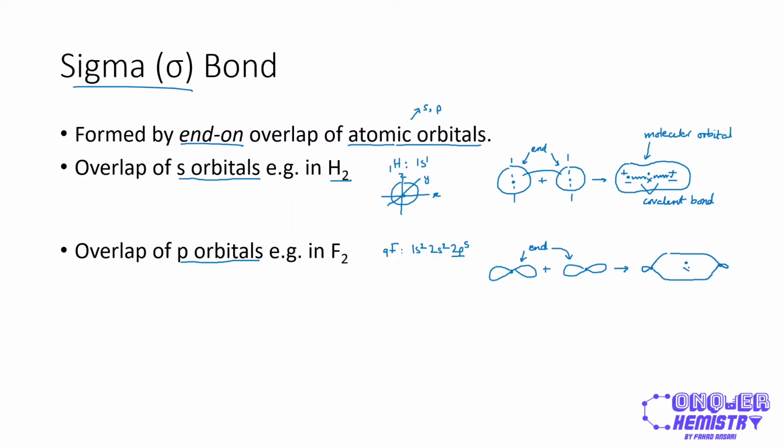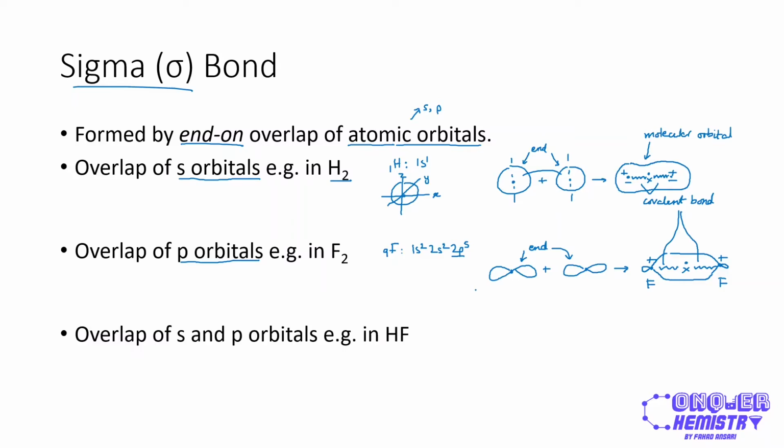The bond pair resides in this large overlapped region, which is the sigma bond, and the two nuclei of the fluorine atoms attract the bond pair towards themselves. This is your covalent bond, the force of attraction between the two nuclei and the bond pair shared between them. By the way, this changing of shape of the p orbitals to cause overlap is called hybridization, and we will cover this in a future video.